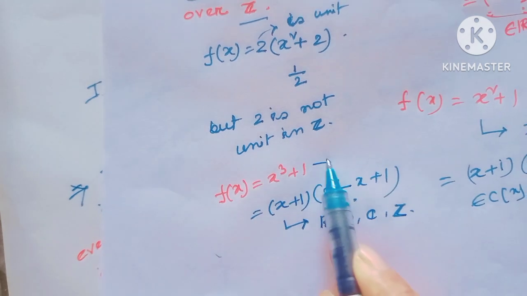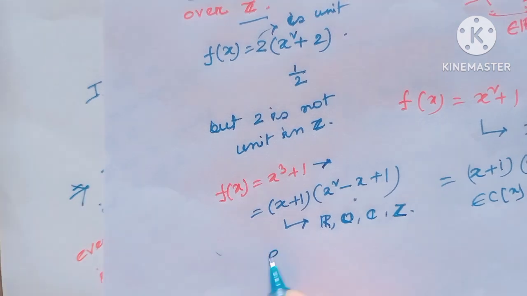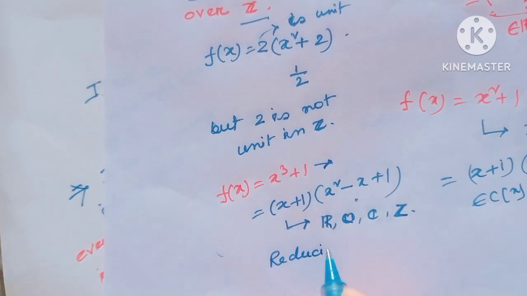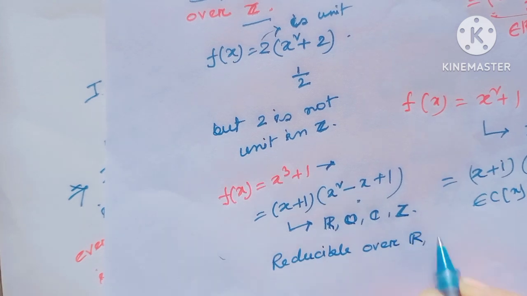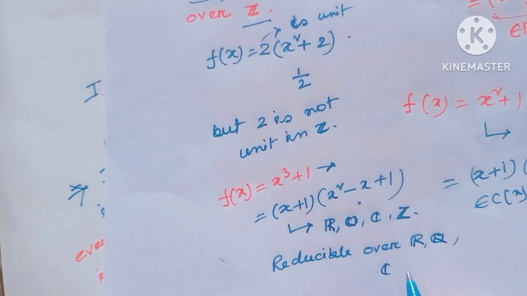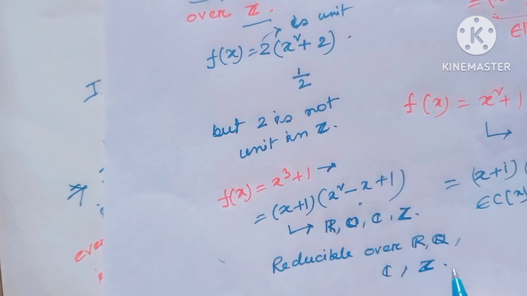So this polynomial is reducible over R, Q, C and the integers both.